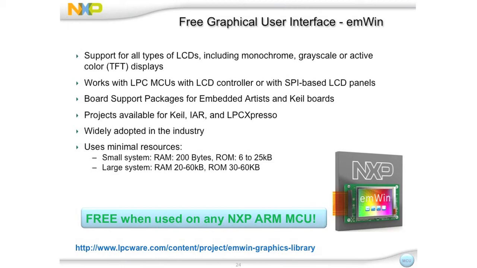We provide application notes on LPCware that show you how to port emWin across. So I should say this, we try to support emWin on any of the parts that we come out with, but if you're using a part that there's not an emWin port out for yet, we have application notes that show just how easy it is to port it across to something new.